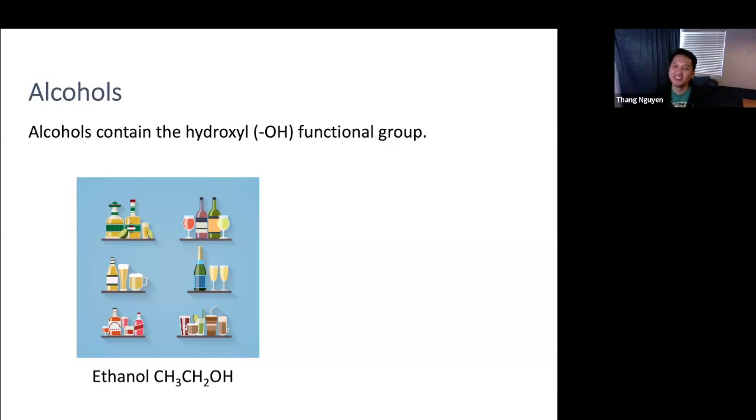If you are of age, you may drink alcohol. It's so pervasive, we just call it alcohol, right? But actually, the compound that is the main ingredient in what we know as alcohol is ethanol. Remember, eth meaning two carbons, right? So ethanol has two carbons with the OH at the end, and that's what gives you a buzz.